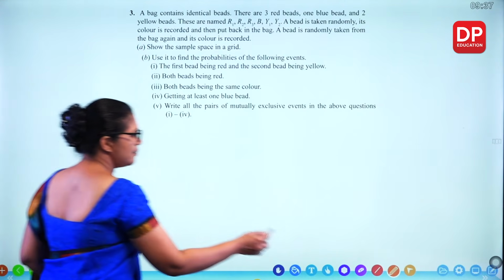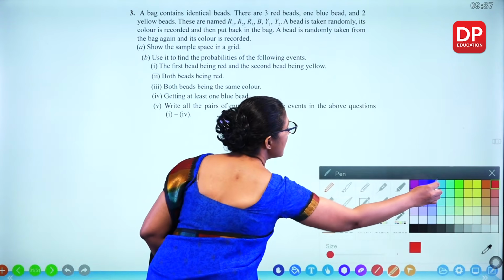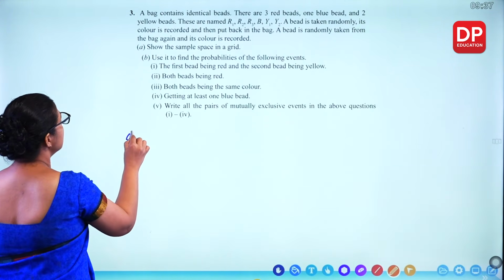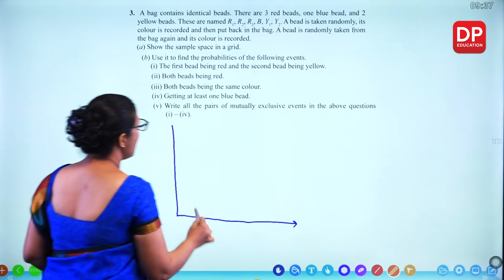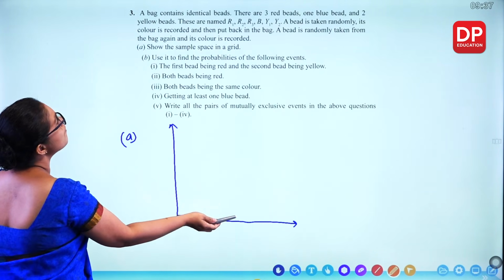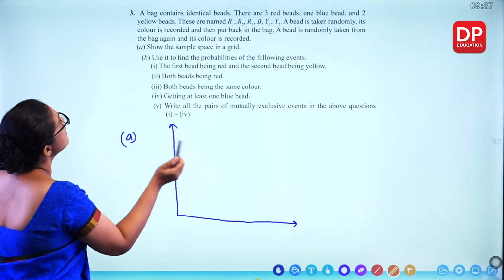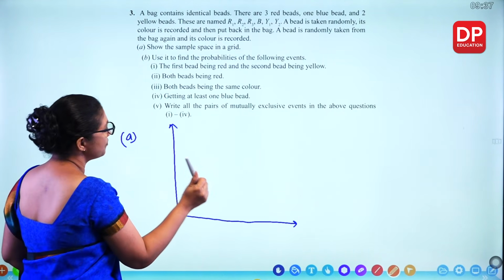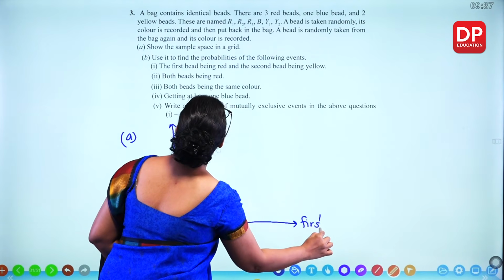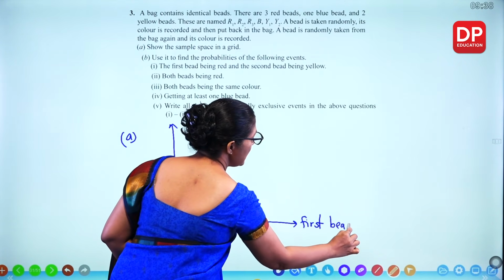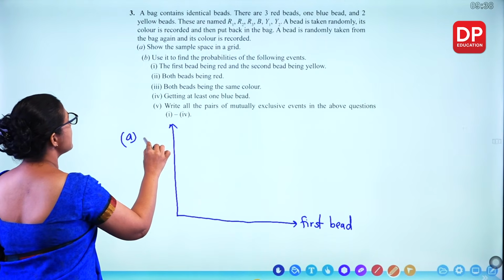So for this one, again I can take the 2 axes. I'll take one axis as the first bead, and this is the second bead.